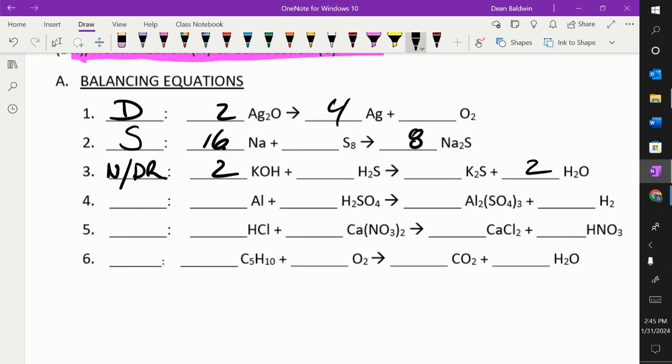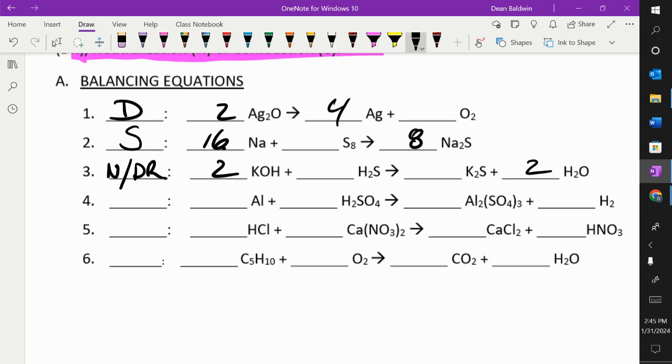Does that balance everything? Yeah? Does everybody agree? Yes. Okay. Well, let's be careful because apparently I can't balance. Okay. So neutralization, double replacement. If it's acid-base, we'd usually say neutralization.